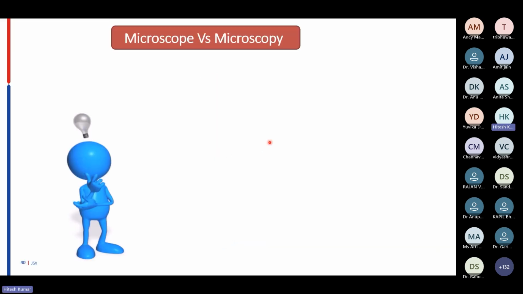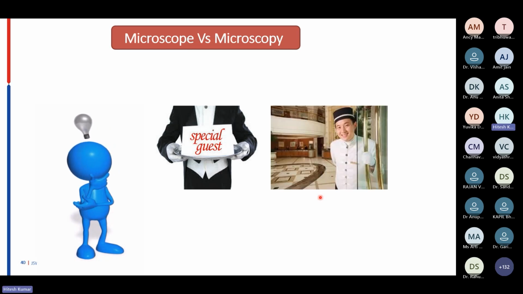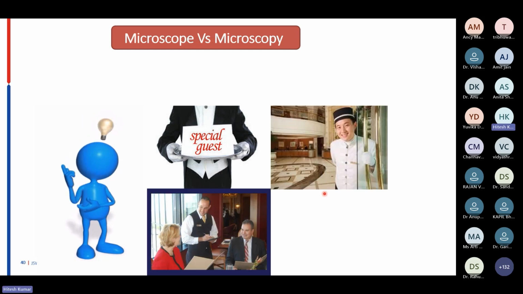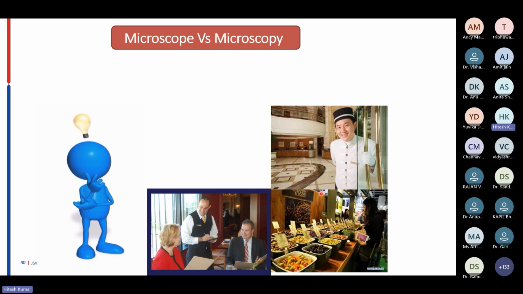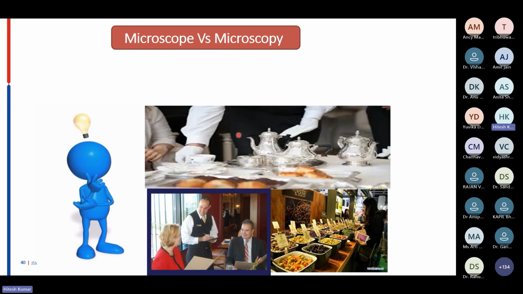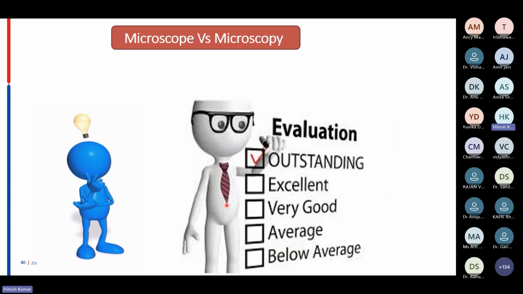The question is, like, let's take an example. If you have a special guest, how are you going to welcome him and what different things are you going to give in front of him? For that you need to give a proper time, you need to analyze it, you need to function it in a proper way.